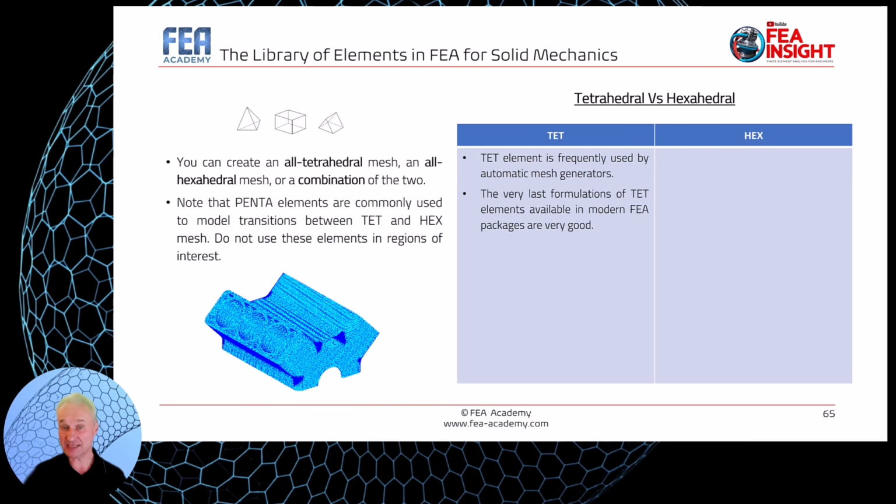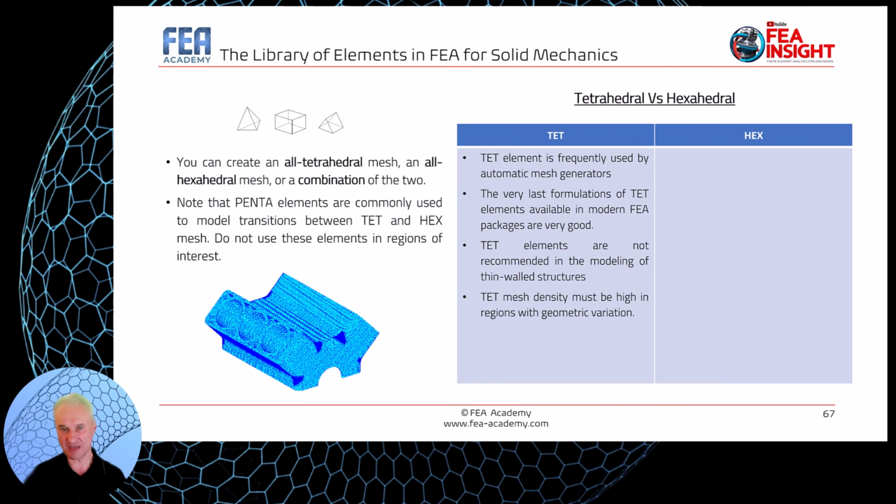The very last formulations of the tet elements that are available in the modern FEA packages are very good. We obtained very good correlations against test results. So those elements are very good. The tet elements are not recommended in the modeling of thin walled structures. For thin walled structures, you have to use the shell elements. The tet elements perform very badly.